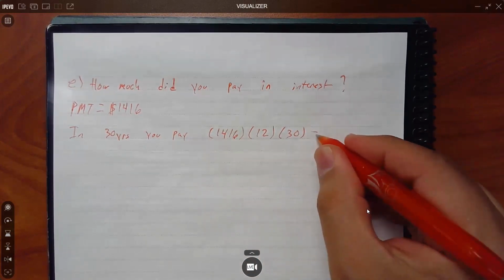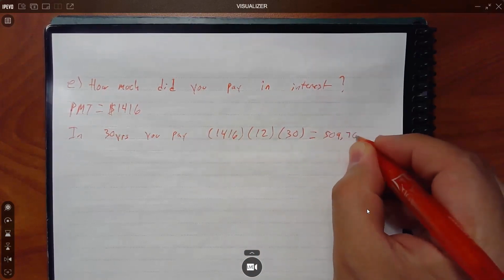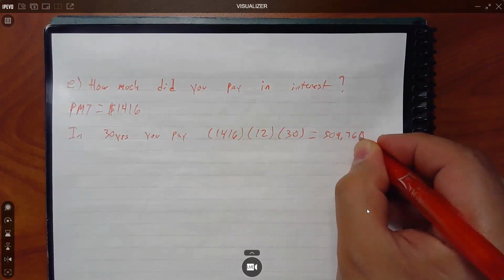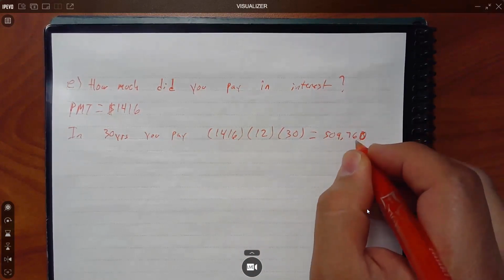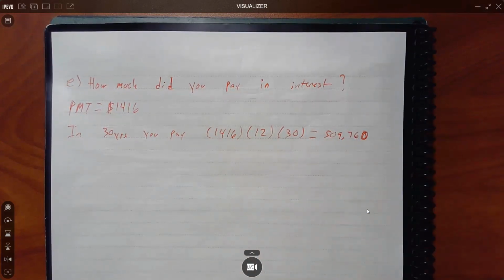Yeah, that to the nearest dollar? Was that what it came out to exactly? Oh, really? Oh, true. Cool. $509,760.